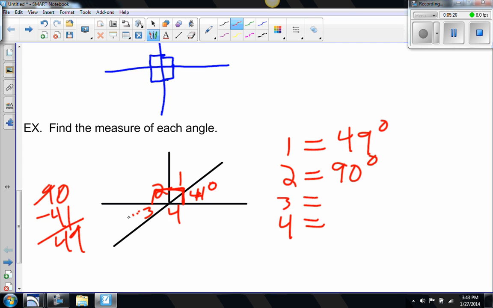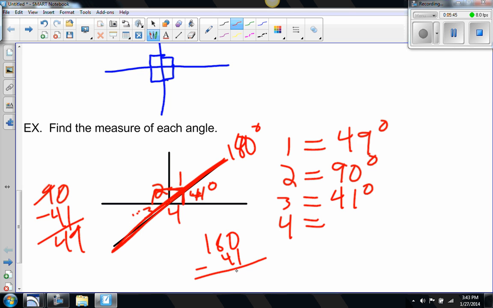It is across from it and it shares two lines. That means it's vertical, it's equal to this one, so it's 41 degrees. Angle 4, because I know that these two make a straight line, which is 180 degrees, and I know this one is 41, I should be able to just subtract 41 from there. So it looks like angle 4 is 139 degrees.